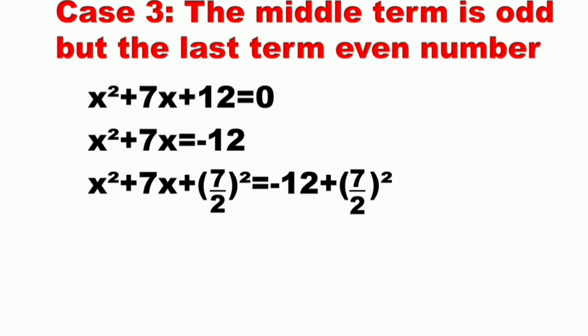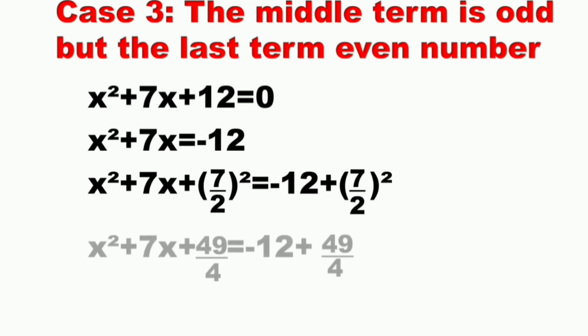So we are dealing now with fractions. So this is x squared plus 7x plus the square of 7 over 2, which is 49 over 4, equals negative 12 plus also 49 over 4.